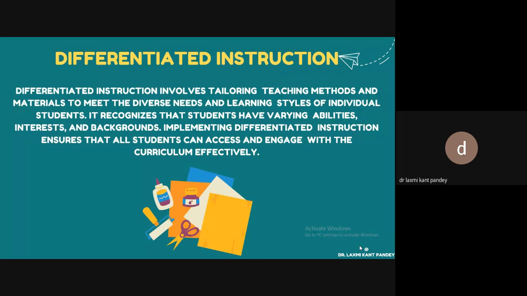By this, you can easily, in an effective manner, give all the information and knowledge to all the students. So this is called the differentiated instruction, or the learning method.